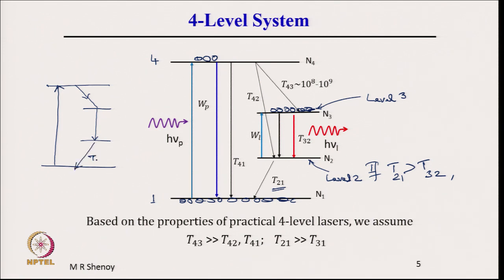So, this is T21, this is T32, we are showing spontaneous transitions, and this is T43, and this is the pump W_p. So, this is the 4 level scheme. It does not mean there are no other transitions, but other transitions can be neglected in view of the practical numbers.